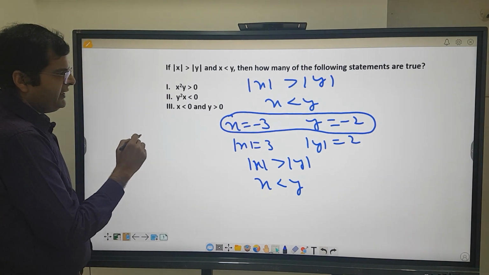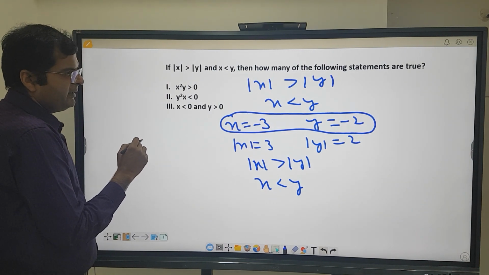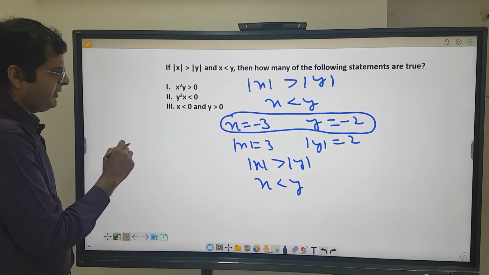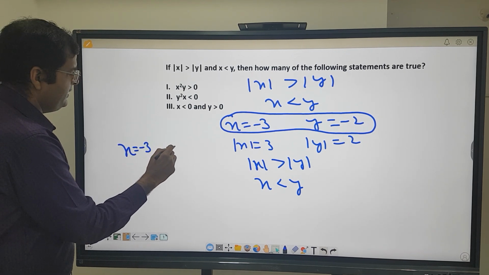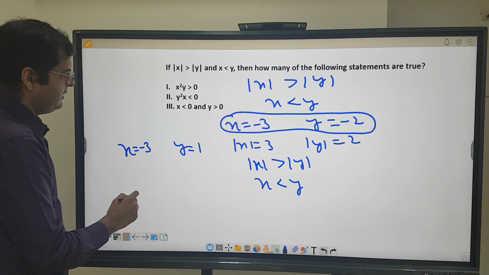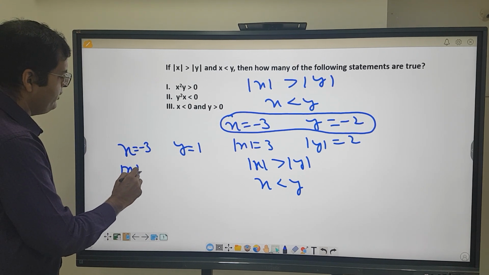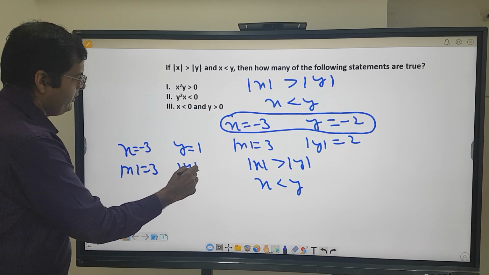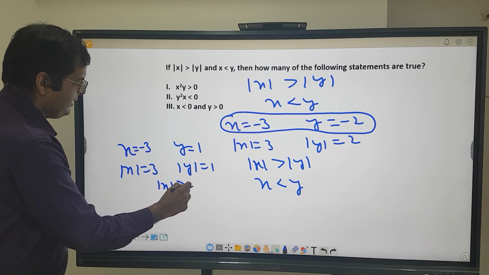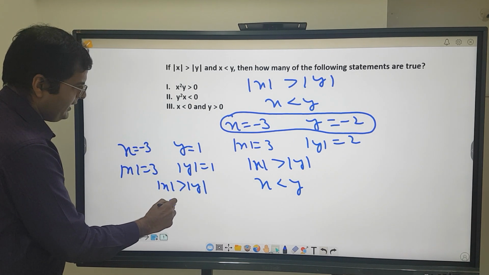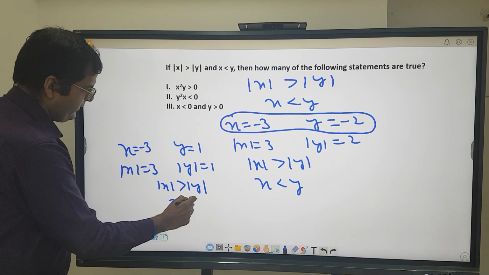Also, if I take x as a negative number and y as a positive number, so if I take x as -3 and y as 1, then this will also satisfy. The absolute value of x is 3, the absolute value of y is 1. So the absolute value of x is greater than the absolute value of y, but x is less than y.